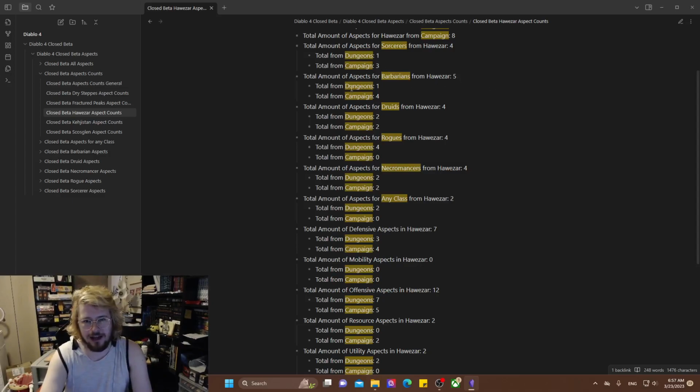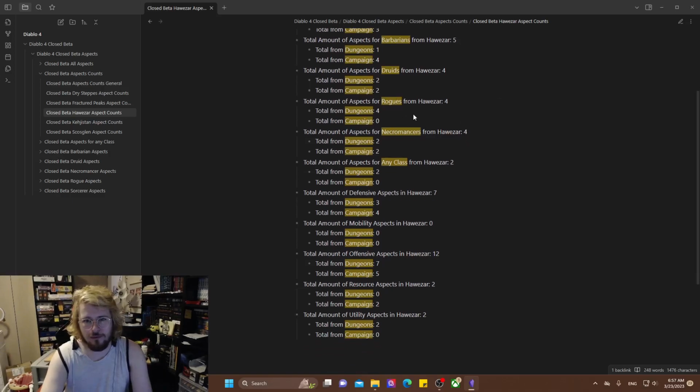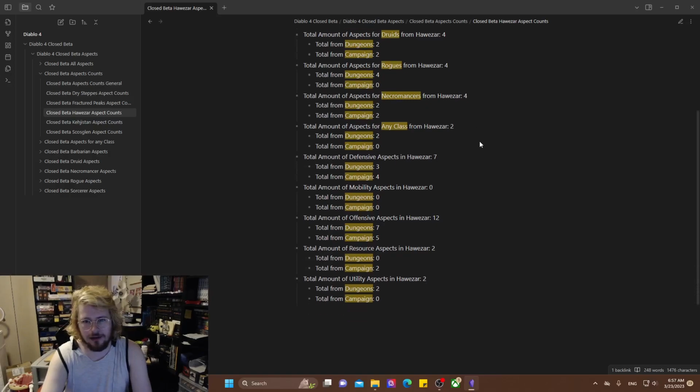Barbarians have 5, and that is 1 from the dungeon and 4 from the campaign. Druids have 4, 2 and 2. The rogues have 4, 4 from the dungeon, 0 from campaign. The necromancer have 4 with 2 and 2 again. Then all classes have an additional 2, and they come from the dungeons.